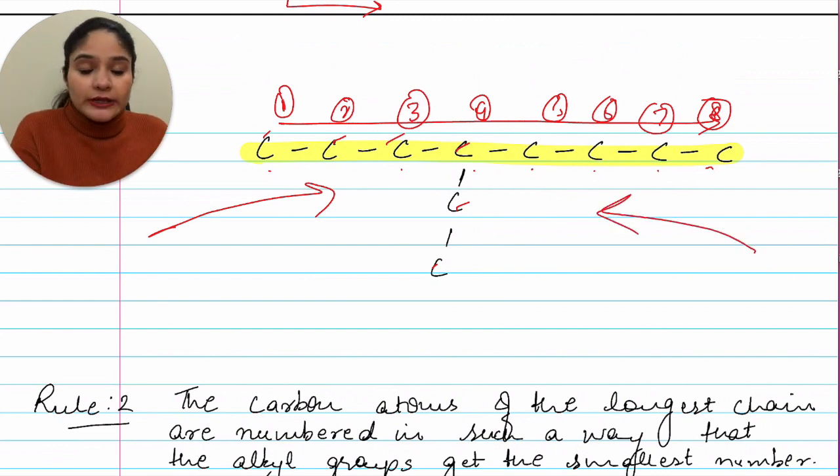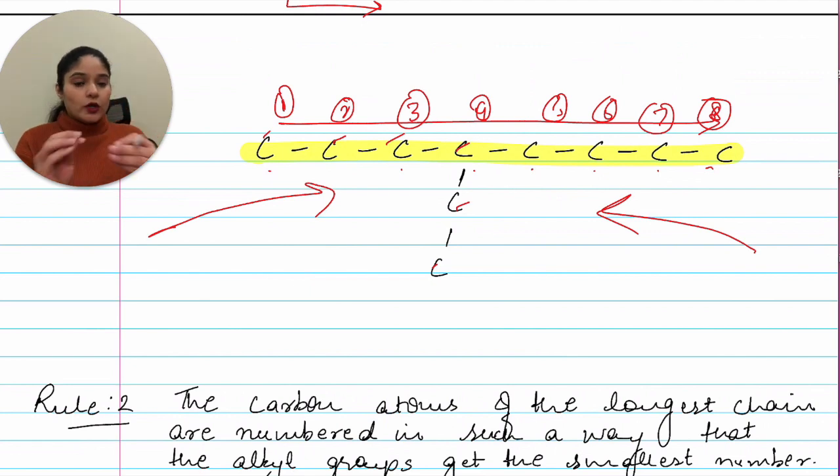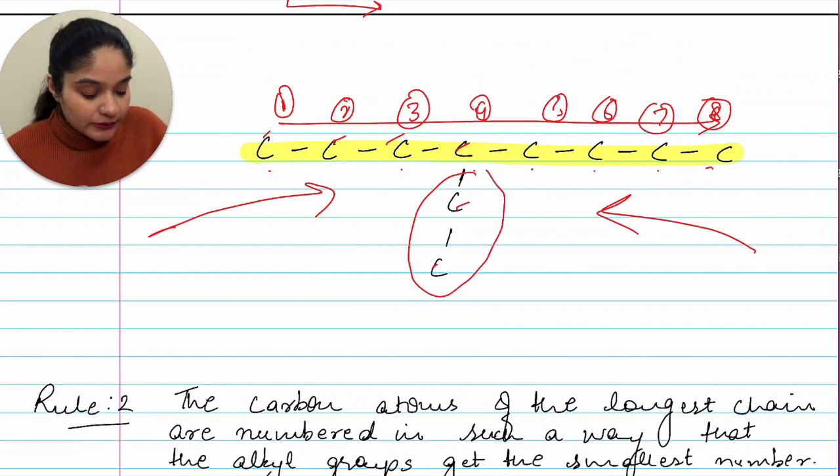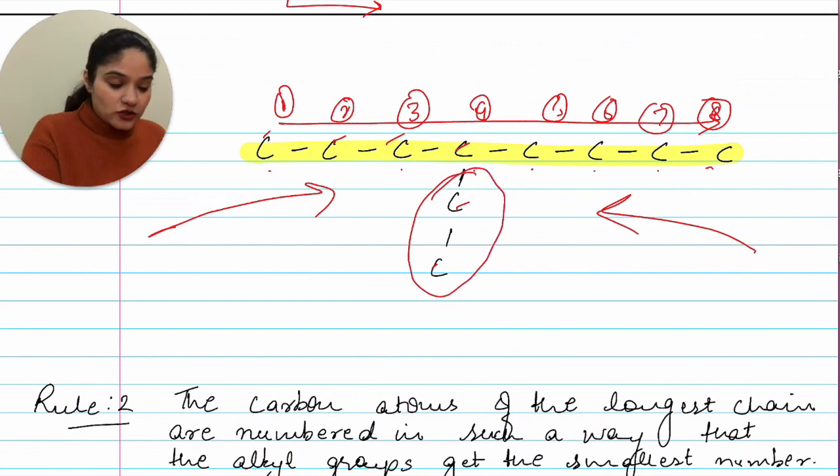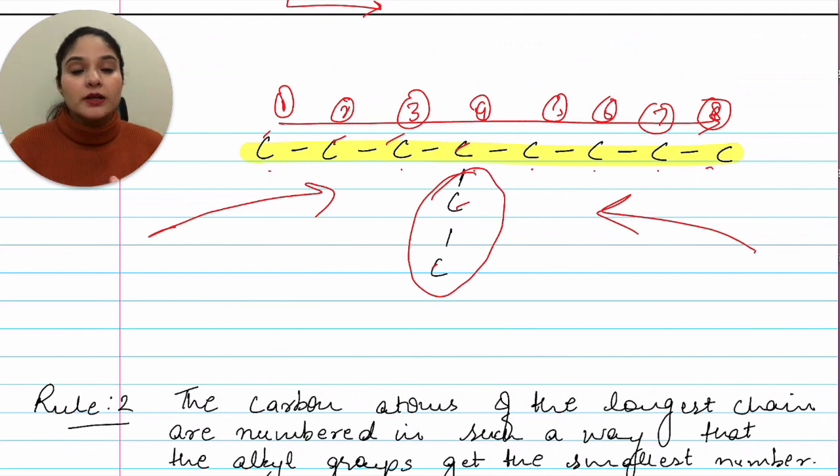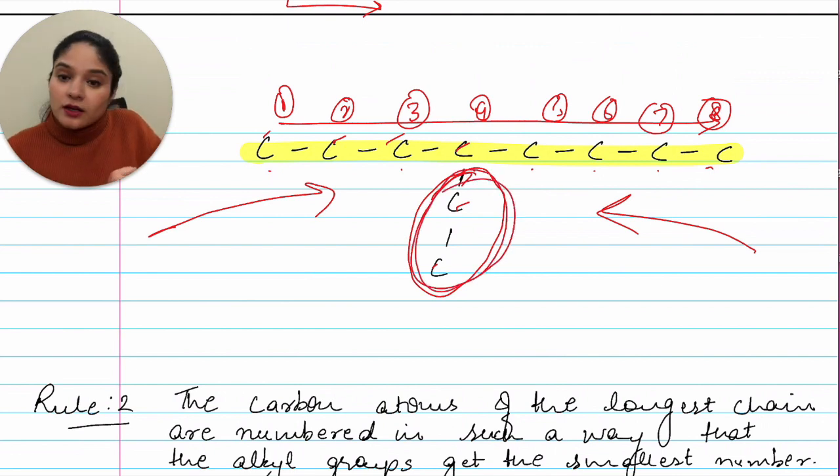Okay, so in this example, you had all of them as single bonds, but you have this double C's attached somewhere here in the middle. So you have to number the carbon atoms in such a way that this thing, this is alkyl group, that this thing gets the smallest number.